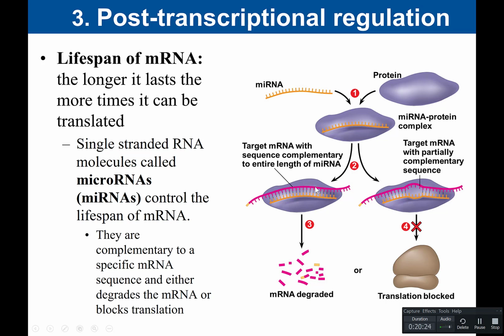If it is a complete match, if all of these bases line up, that is going to signal to the cell to degrade that mRNA. If, however, a majority of the sequence matches, but there's a part that is not complementary, that is not going to degrade the mRNA. Instead, that's going to simply block translation. So it still will turn off gene expression, but it doesn't actually destroy the mRNA.